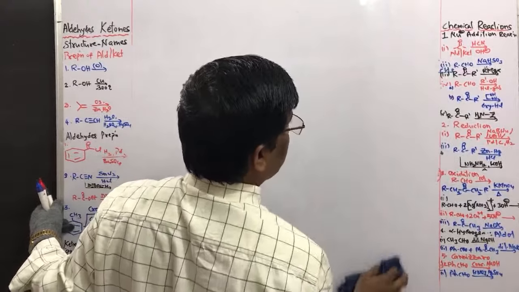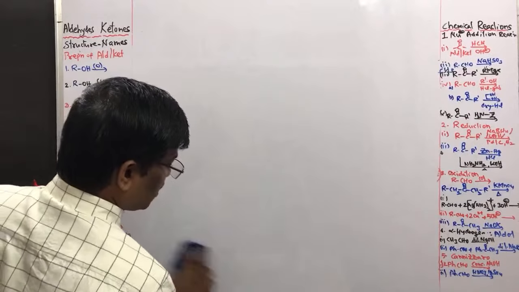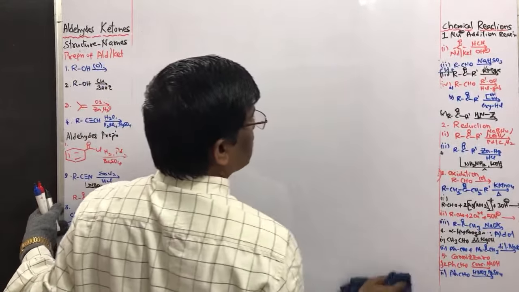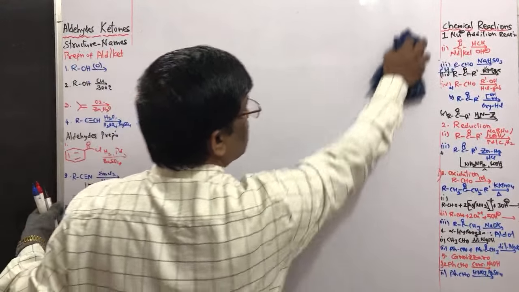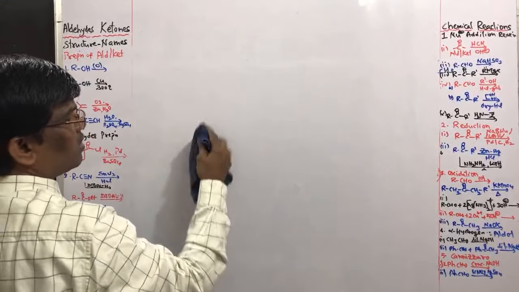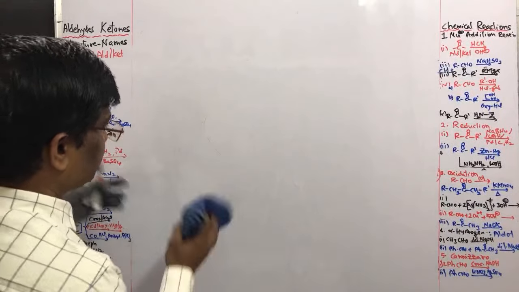The second one is the Cannizzaro reaction. Based on the Cannizzaro and aldol reactions, the key point is dilute sodium hydroxide versus concentrated sodium hydroxide. So dilute and concentrated base is important. Please concentrate on those points.